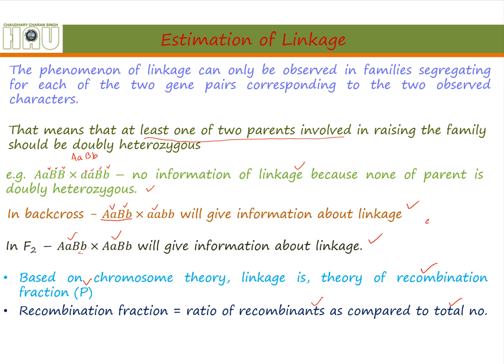Suppose these are my recombinants and these are the observed numbers, say, for these two recombinants. The ratio of A1 plus A2, and suppose n is my total number observed, then this ratio will give us the recombination fraction.